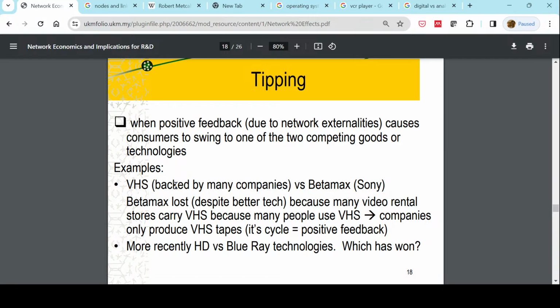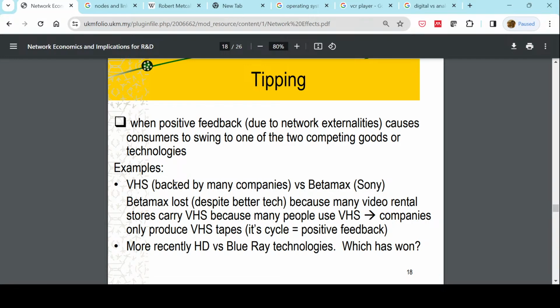You have to tell the shopkeeper, I want VHS, I don't want Betamax. Because of incompatibility, not compatible, just like the railroad, Malaysia and Thailand. My story that I make up, not true.